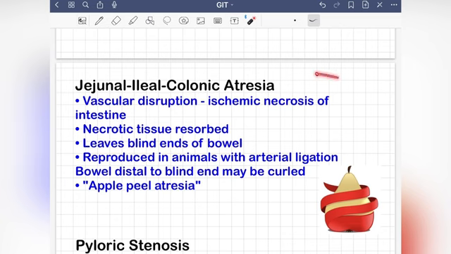Necrotic tissue is resorbed, leaving behind ends of the bowel. This also looks like an apple peel, so it's called apple peel atresia.